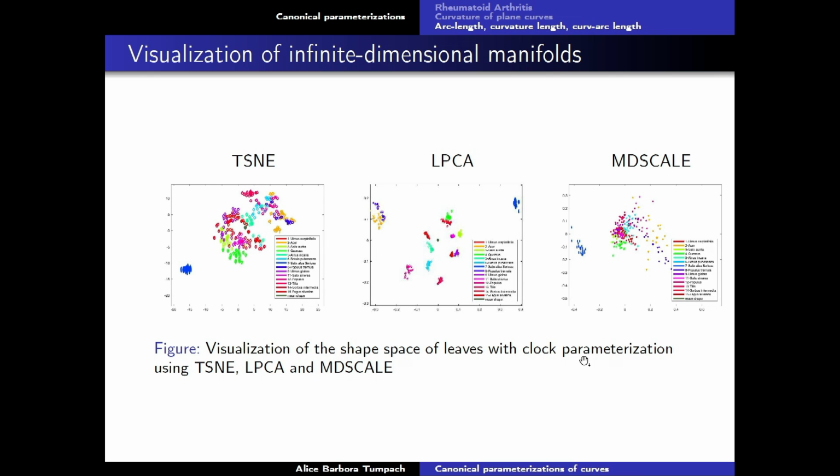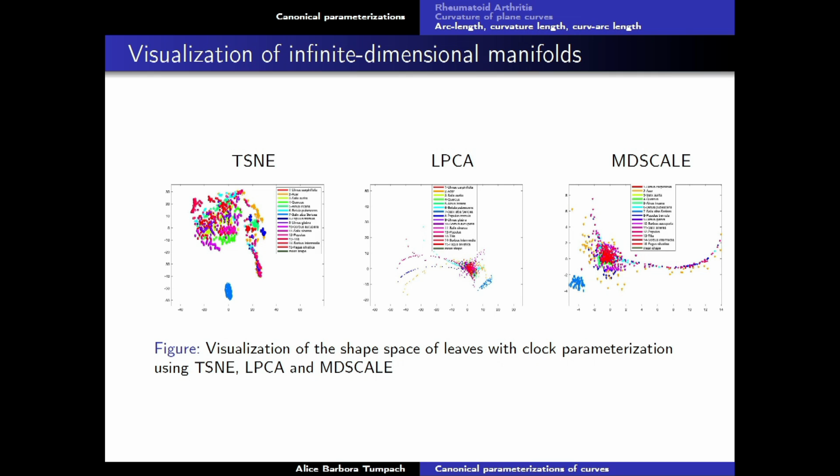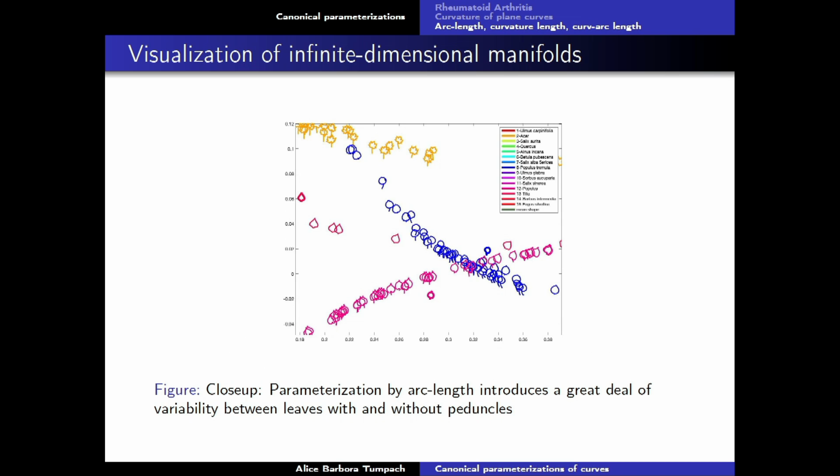I will tell one thing about it. Here in the middle there is a visualization procedure that I used, which I called LPCA, but I think I will need to change the name. I probably have no time to explain this visualization procedure, but anyway, it helped me to understand what was wrong with arc length.